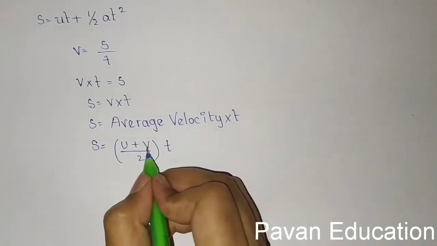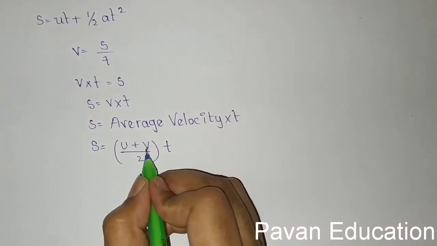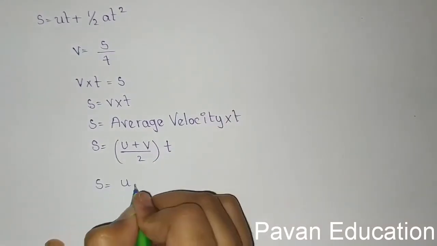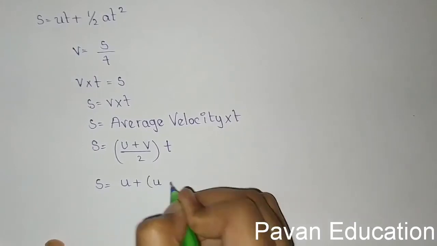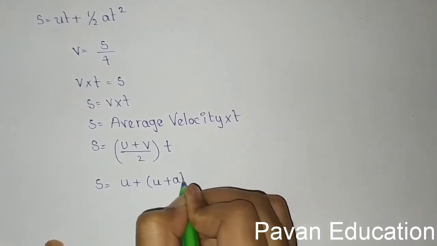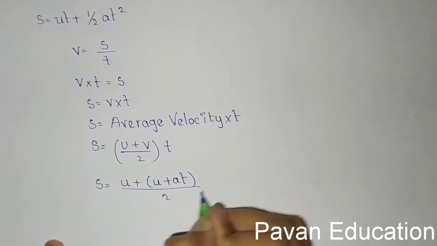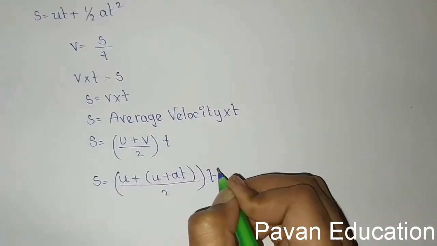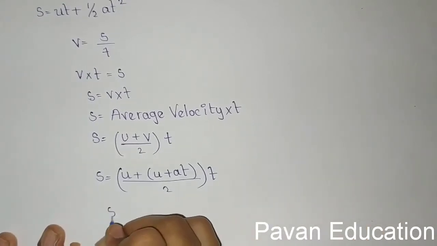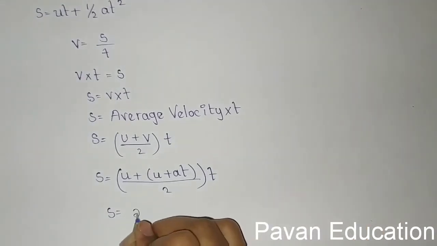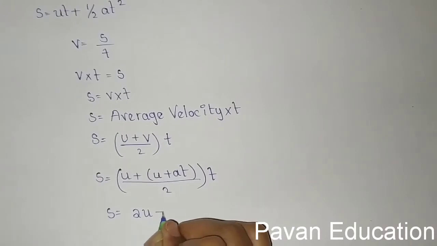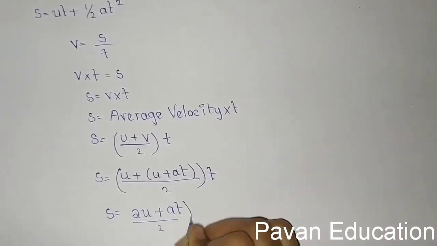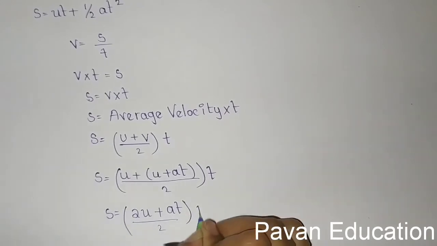If we substitute u plus at for v here, s equals (u plus u plus at) divided by 2 into time. So we can write it as s equals (2u plus at) divided by 2 into time taken.